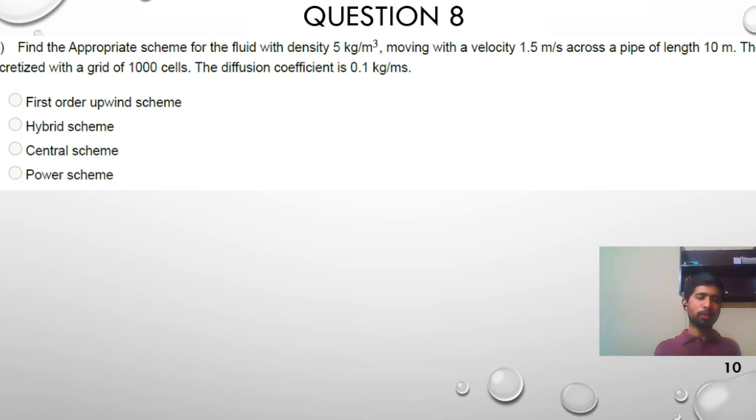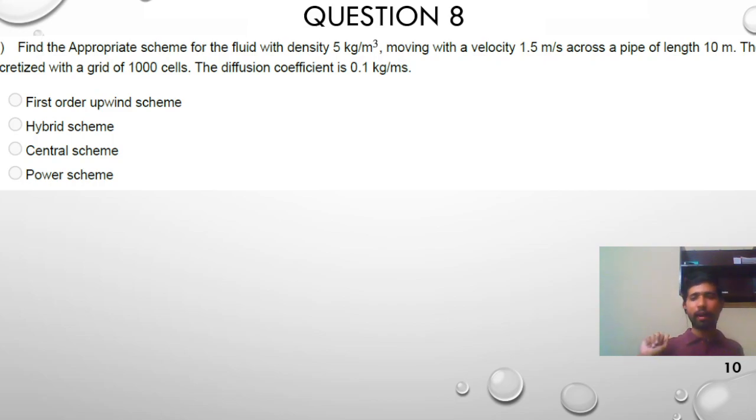If the value is very much less than 2, less than 1, it is not even at the border, so usually central schemes are used. And if it is largely deviating from 2, higher than that, first order upwind or any upwind schemes are used.